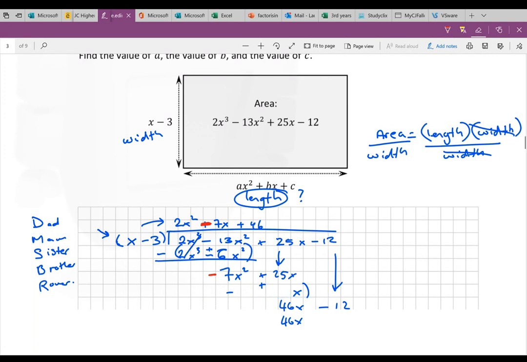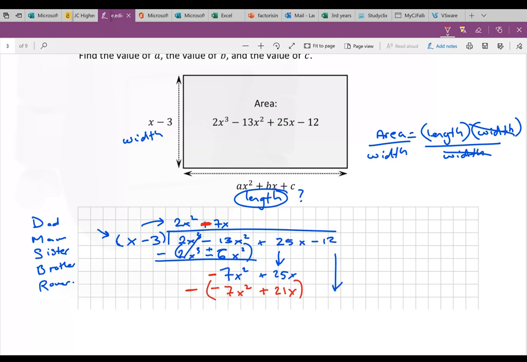This is me going way too quickly, so the lesson to be learned from mistakes is to slow down. X into minus 7x squared goes minus 7x. Then I multiply: x by minus 7 is minus 7x squared, minus 3 by minus 7 is plus 21x. So there was my mistake.